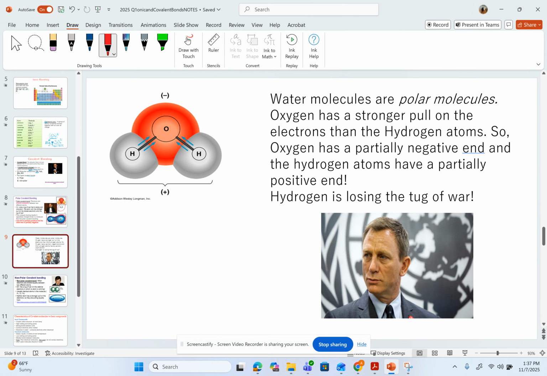So polar molecules, or I should say water being a polar molecule, gets so many of its properties just by being polar. The partially positive side and the partially negative side really dictate water being the universal solvent. It dissolves most things. It has a high surface tension.